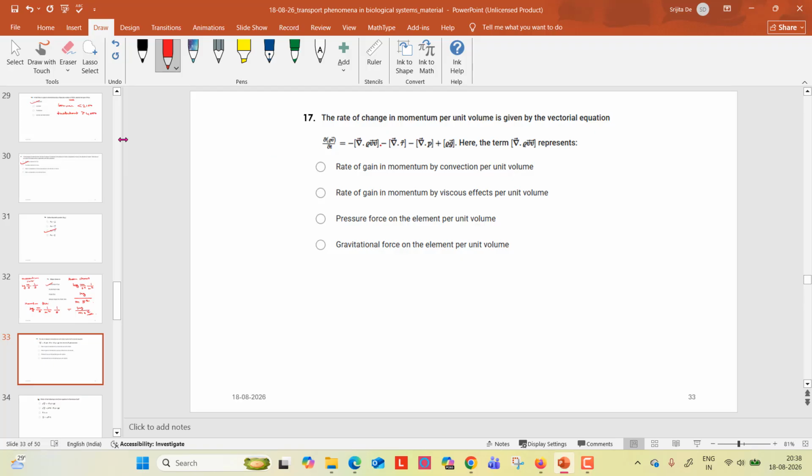Because, if you don't remember the term expression also, you can say that it is constituting the velocity and convection term. Why? Because it includes the velocity term. The velocity means it is considering the bulk velocity motion. Okay.